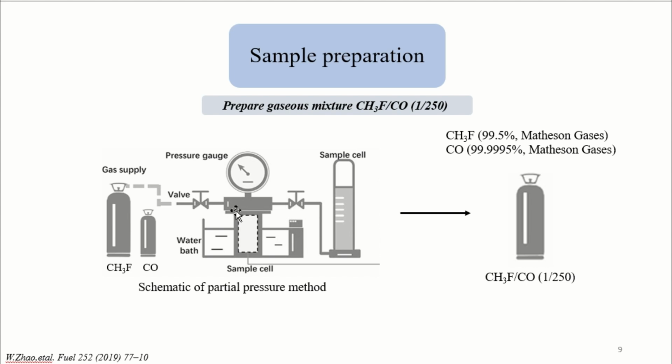The gas will pass through the tube to the sample cell. Close the gas supply and open the second one again to measure it at 250, and you can get a 1/250 gaseous mixture.